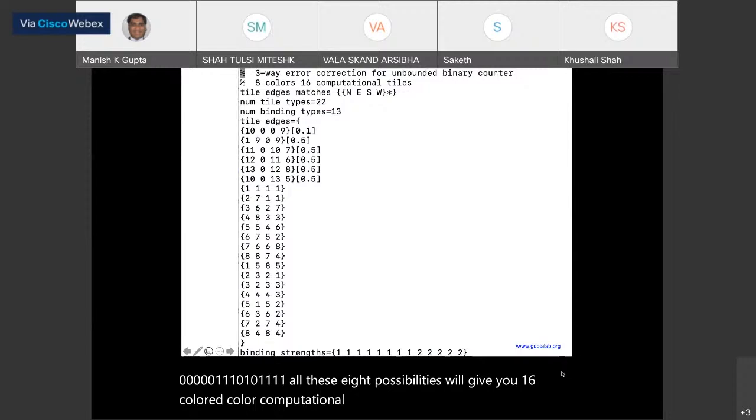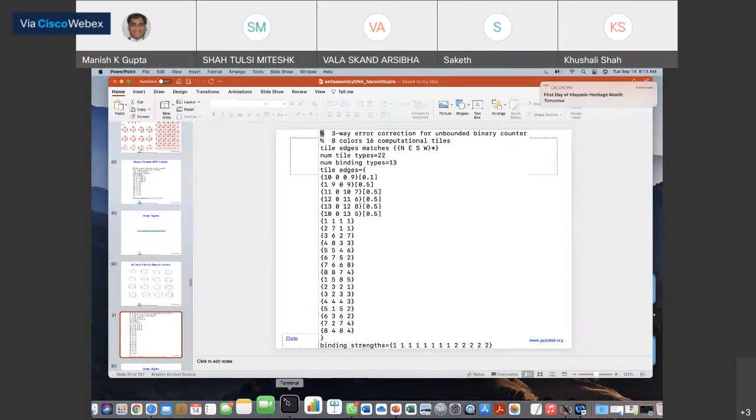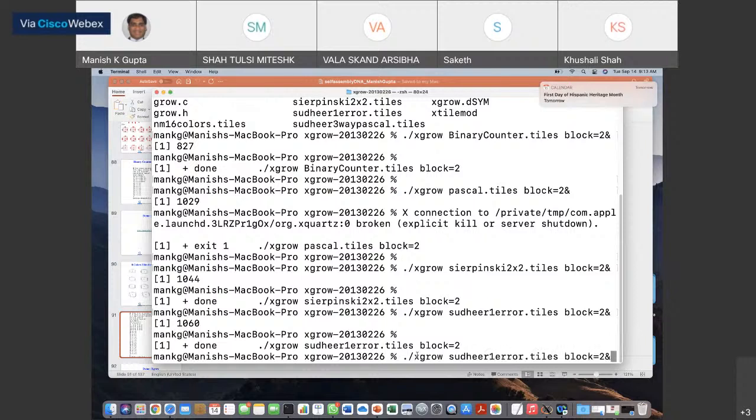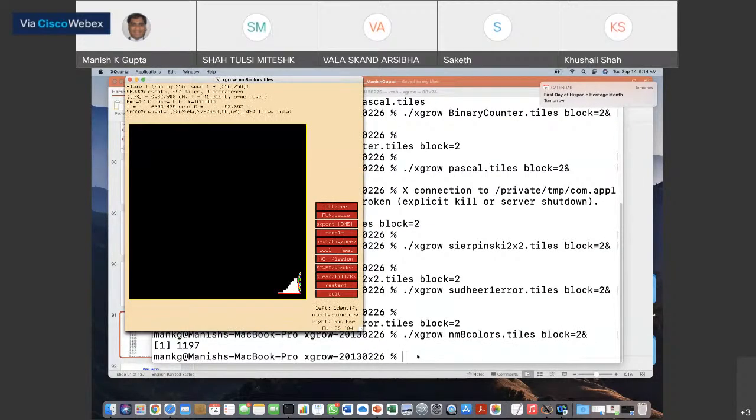And here is an encoding for it, and now you can see that this encoding will do the simulation. Let me show you. You see, 8 colors, 16 computational tiles.